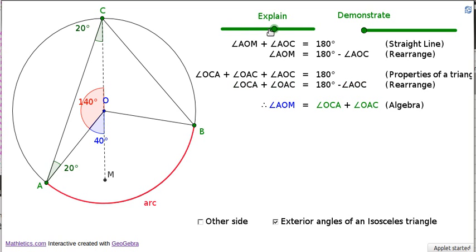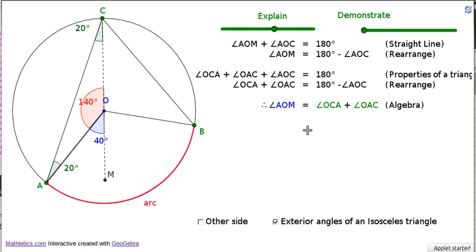So you do algebra, substitute that for that, then you get that this angle is the same as that angle plus that angle, and then going further we can say that that's a radius and this is a radius, so that these angles are the same.